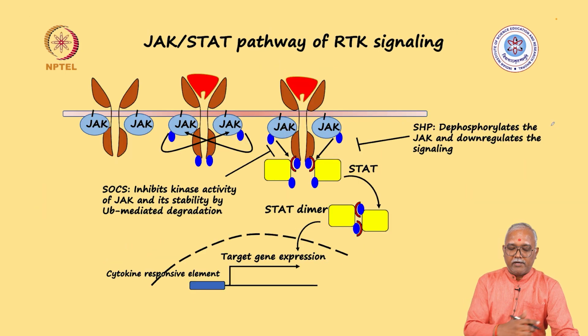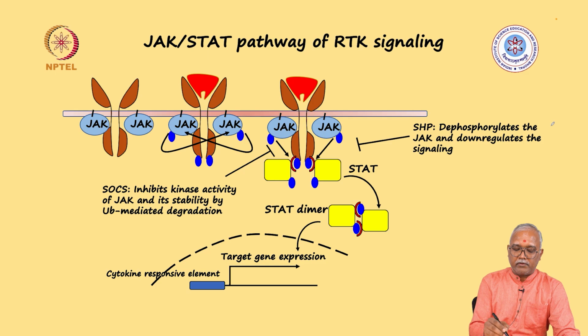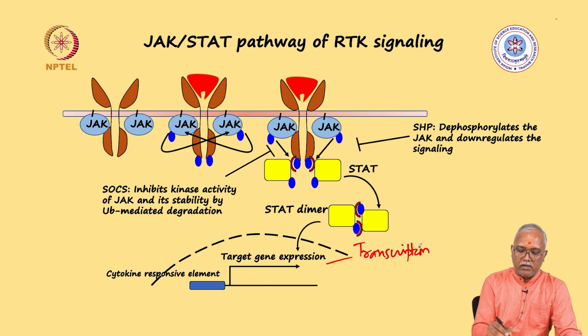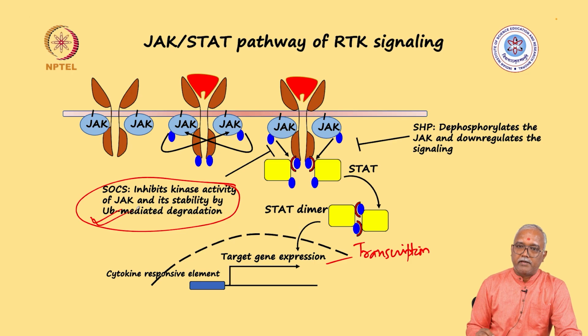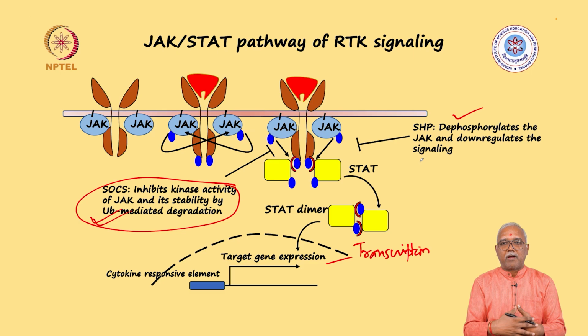Now this is what I showed you in the previous slide, that apart from its targeting into the nucleus and catalyzing the transcription process, it will be SOCS which will inhibit the receptor phosphorylation and the ubiquitin mediated degradation of the molecule, and SHP will dephosphorylate the JAK molecule and downregulate the signaling. So you understand what a nice feedback mechanism is playing.